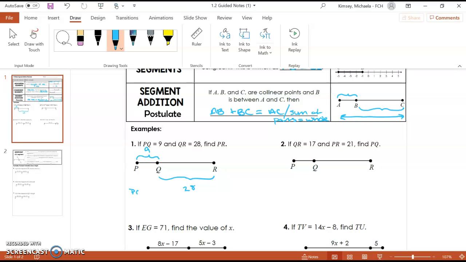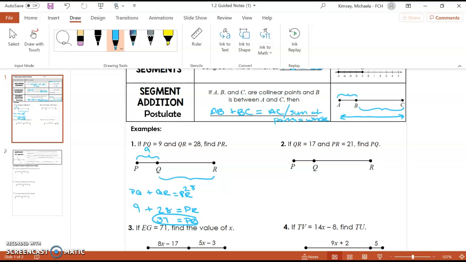We know that PQ plus QR is going to give us PR, right? Then we can substitute in our values, because we know PQ and we know QR. If we substitute that in, we would get 9 plus 28 equals PR. Now we can simplify that a little bit more, and we get 37 equals PR. And that is our answer.